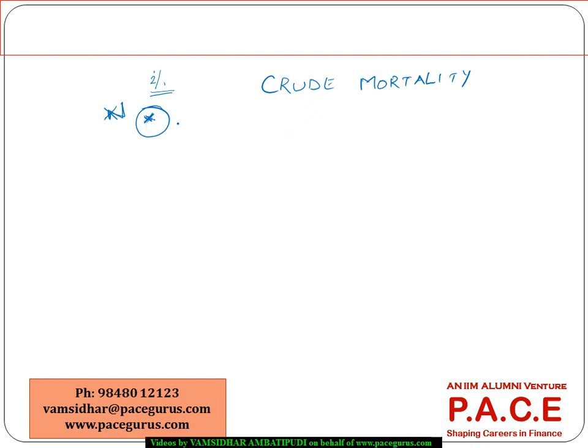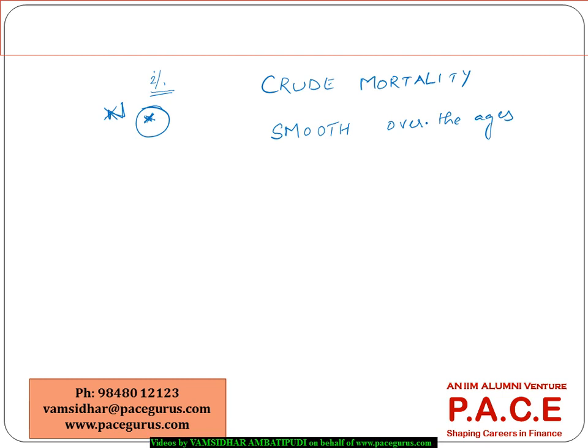But with respect to this crude mortality, there could be a problem where the values may not be smooth over the ages. It may so happen that during the observation period, people with age 20 might have died more compared to people with age 21, and again with age 22 the proportion would have been lesser.